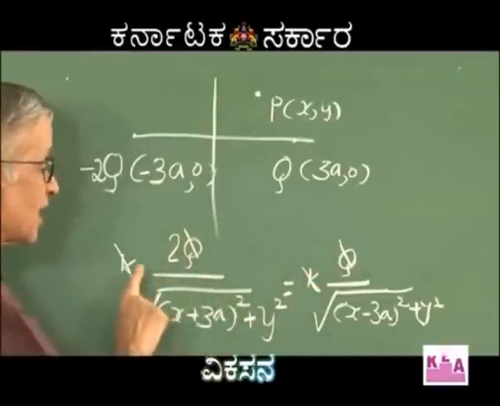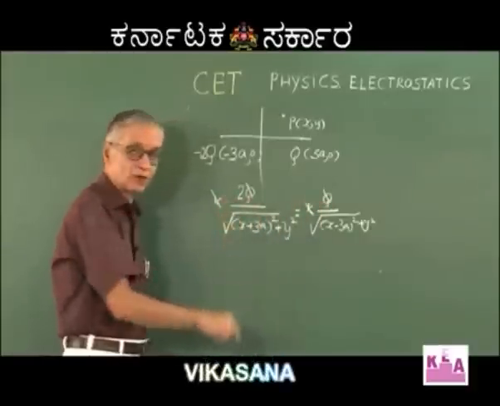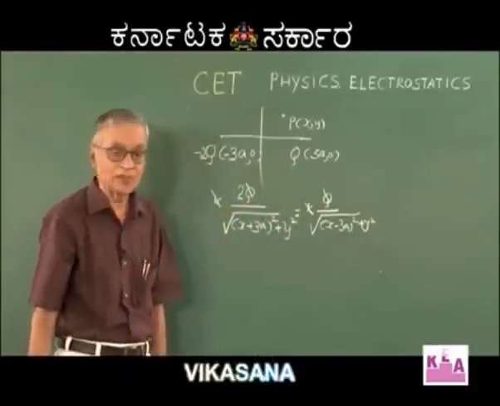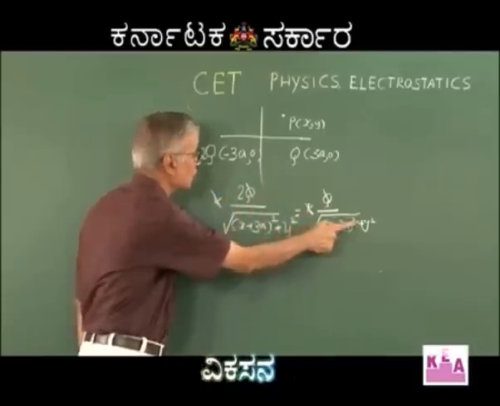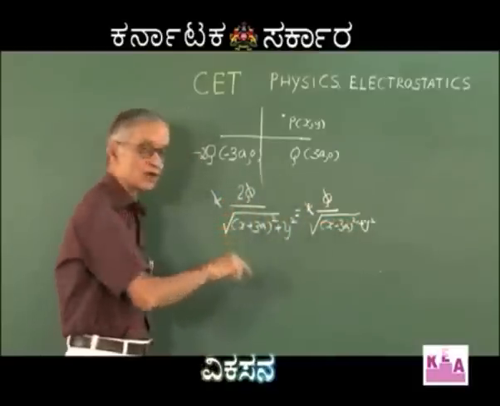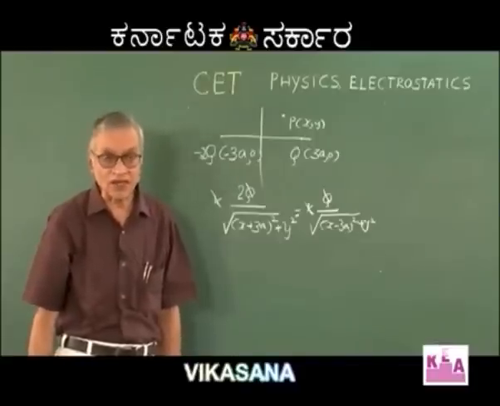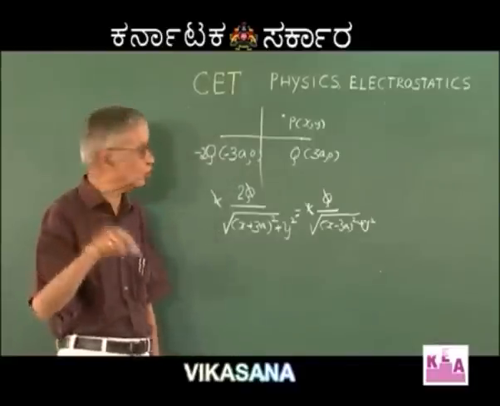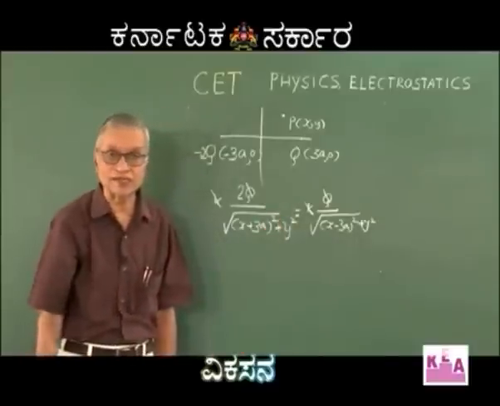If you bring it to LHS, 4x square minus x square will be equal to 3x square. Similarly, if you take this one 4y square and bring y square on this side, minus y square will make it plus 3y square. Please note that xy term is absent in both the cases.